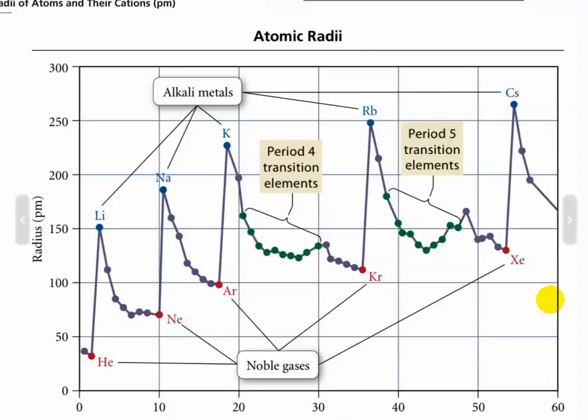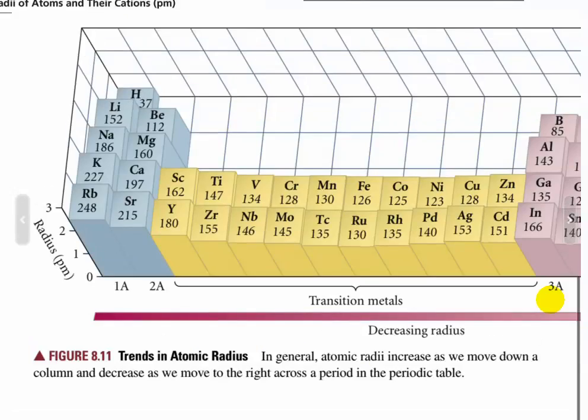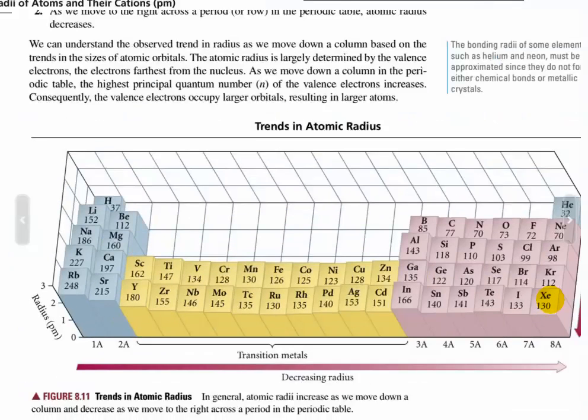And then you jump back up. The transition elements get a little funky in there. We can also look at this type of bar graph. It's a little harder to see because the differences aren't that big. But those are the general trends in atomic radius.